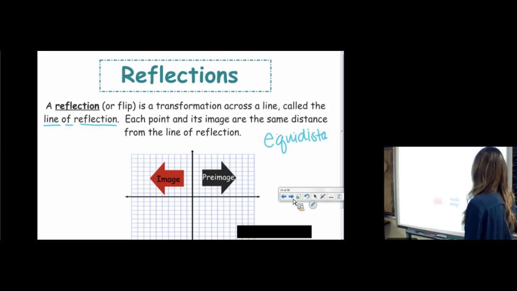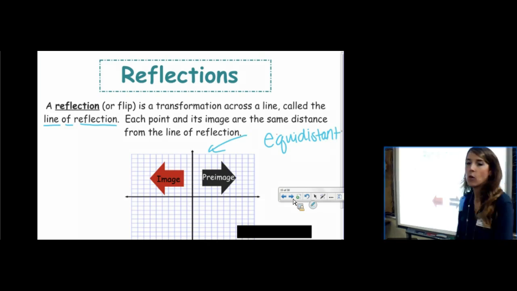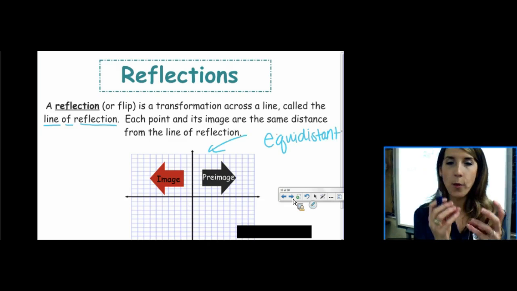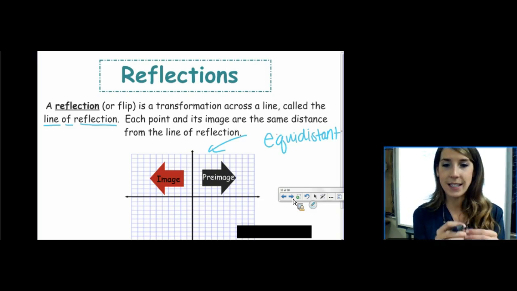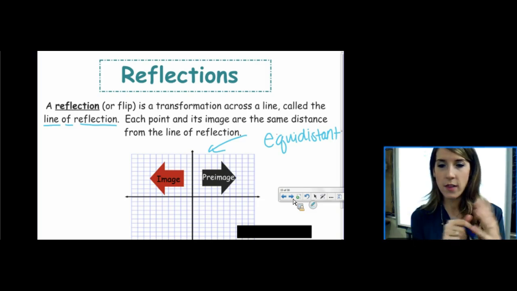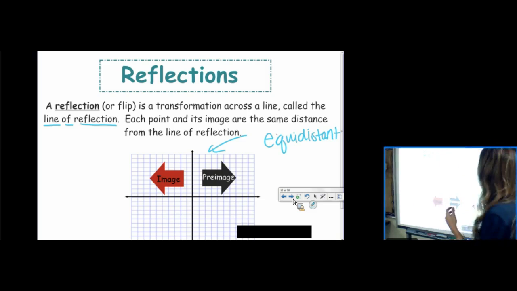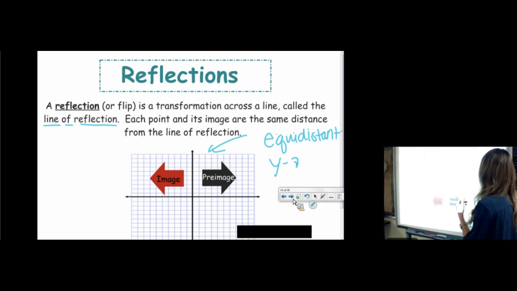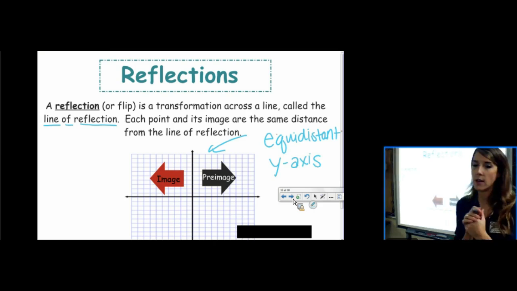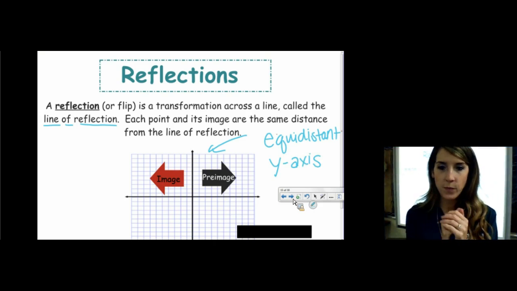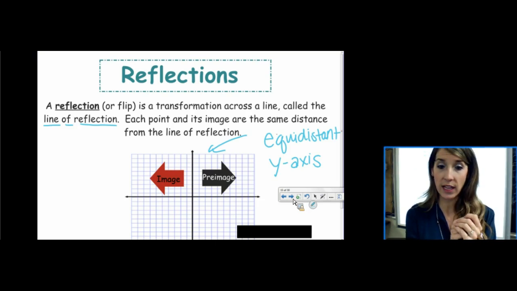Okay, so what line in this picture, what line are all of the points from the image equidistant as all of the points in the pre-image? Good. The y-axis is the name of the line. Can you write the equation of that line? The equation of the line of reflection, because we'll ask you to do that a lot.